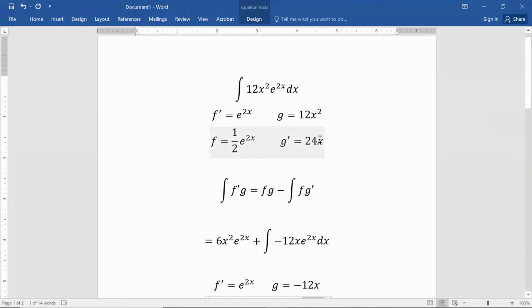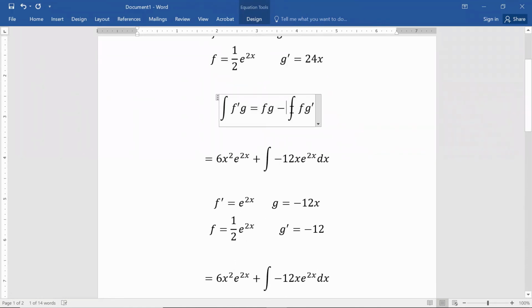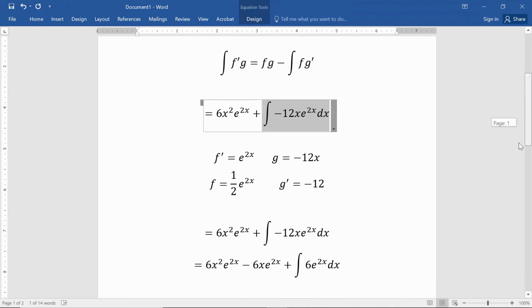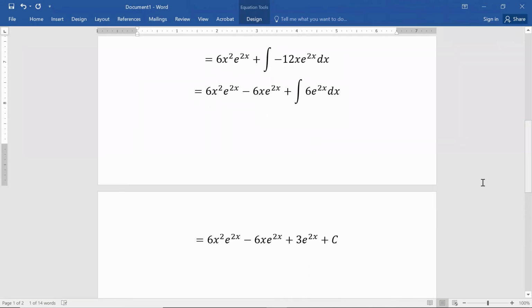So I did a first integration by parts, which was my original integration. And then I did an integration by parts again on the second integral. When I did that second integration by parts, I was left with something that I could integrate directly using my basic rules. And when I integrated that directly, I got this.